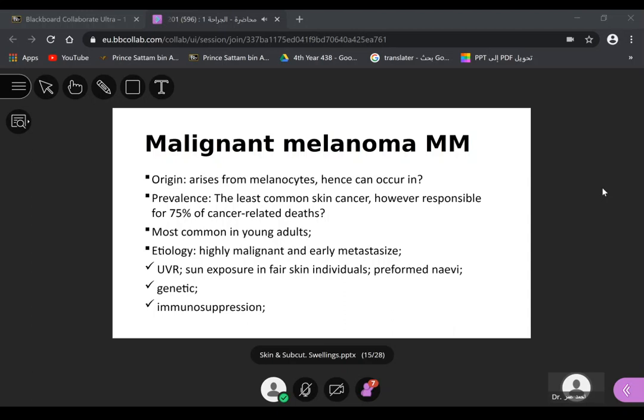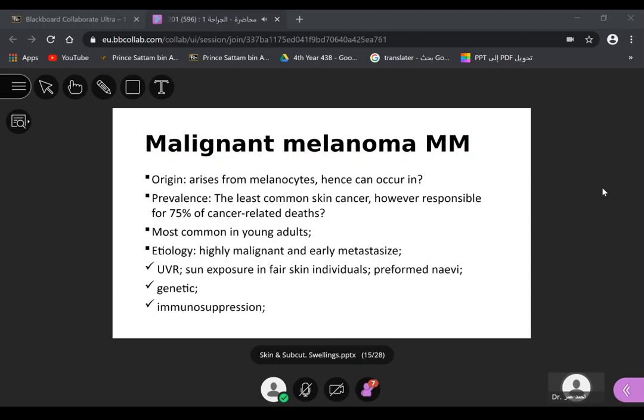Before we talk about malignant melanoma, I need one of you to summarize the main differences between basal cell carcinoma on one hand and squamous cell carcinoma on the other.